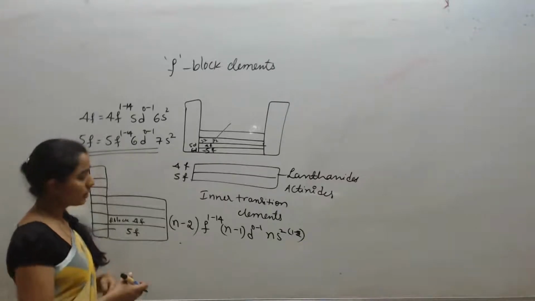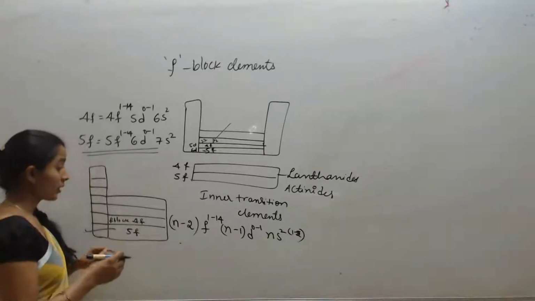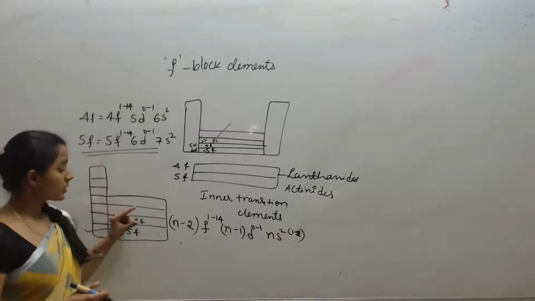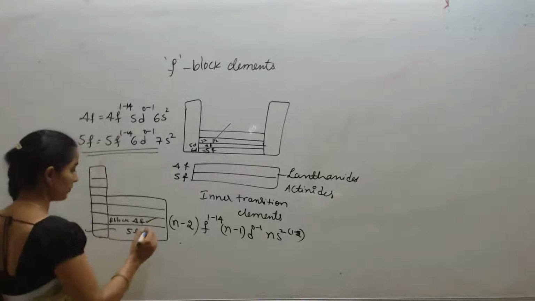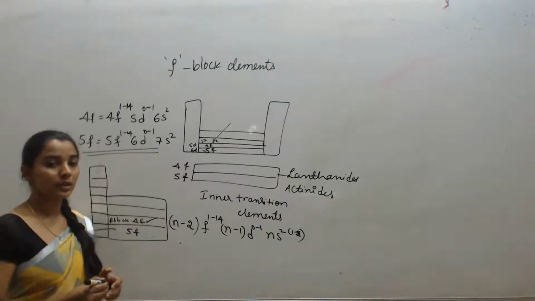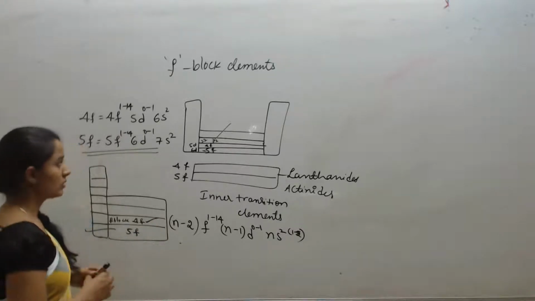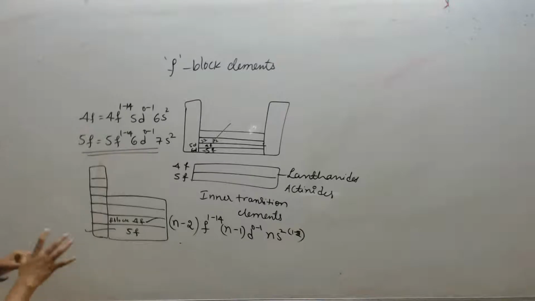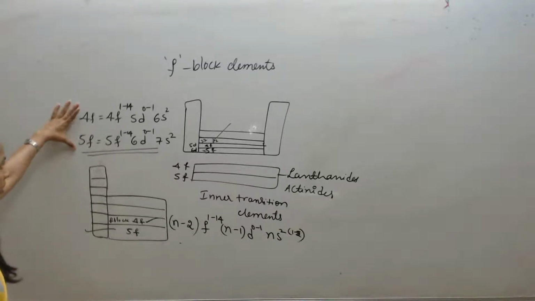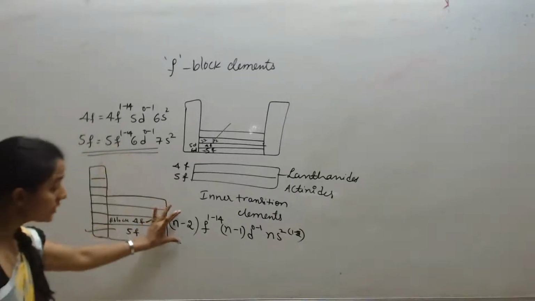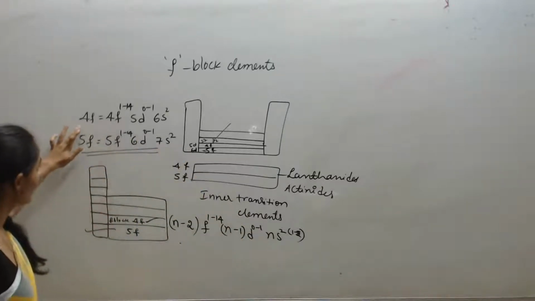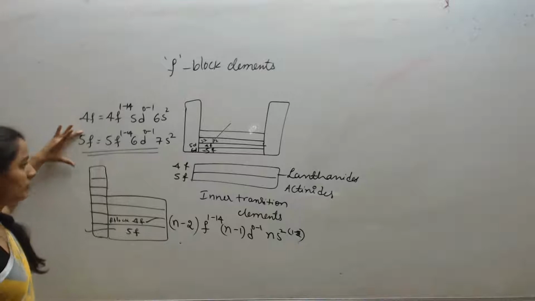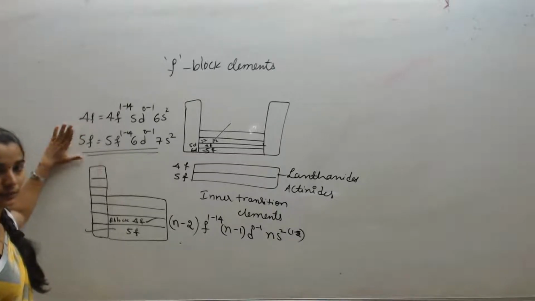Remember that if you want to check a complete configuration of the periodic table, 4F is the longest period. So this is all about the general electronic configuration of the F block, and of the 4F and 5F series.